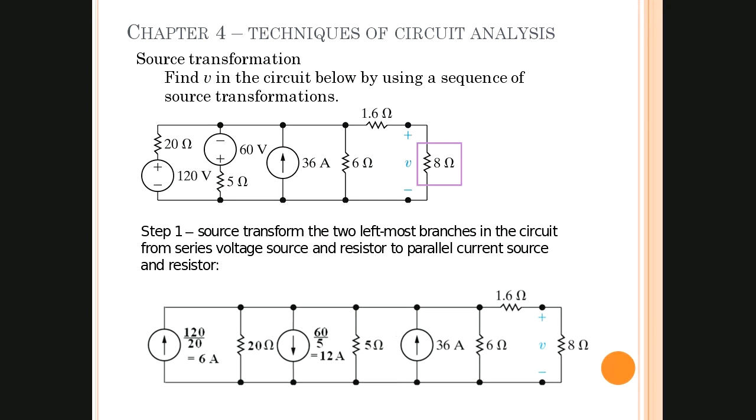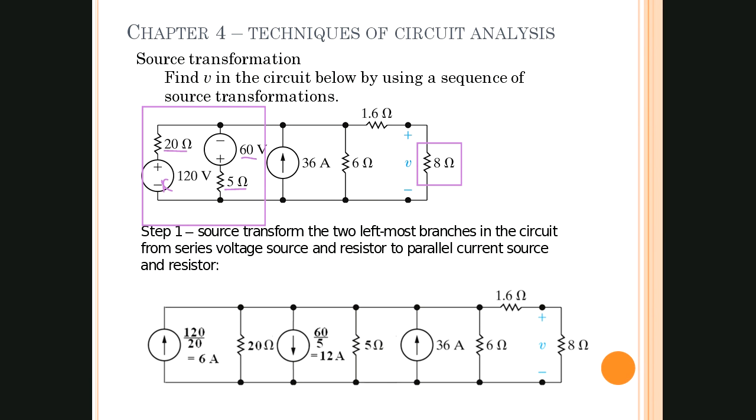So let's go ahead and look at these two right here. Now you can see we have this voltage source, and it's in series with a 20 ohm resistor. And then we have a 5 ohm resistor that's in series with the 60 volt source.